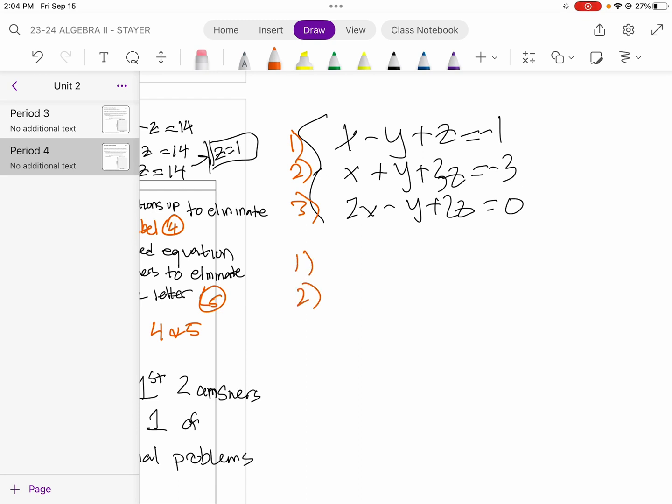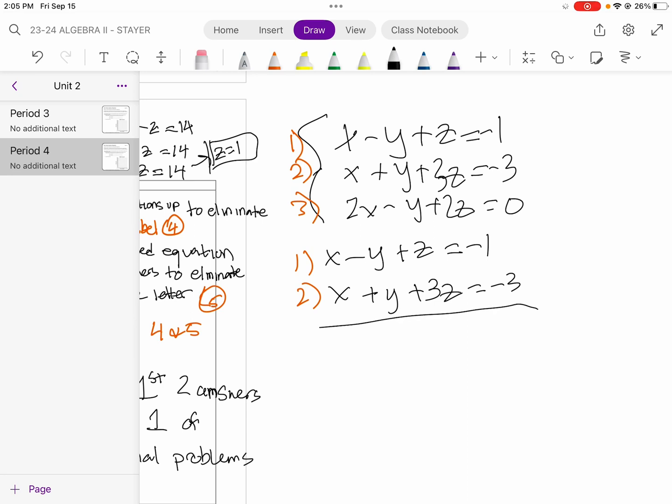1 and 2. When I copy down 1 and 2, x minus y plus z equals -1. x plus y plus 3z equals -3. That's what I'm going to be using right here. Nolan, you were right.